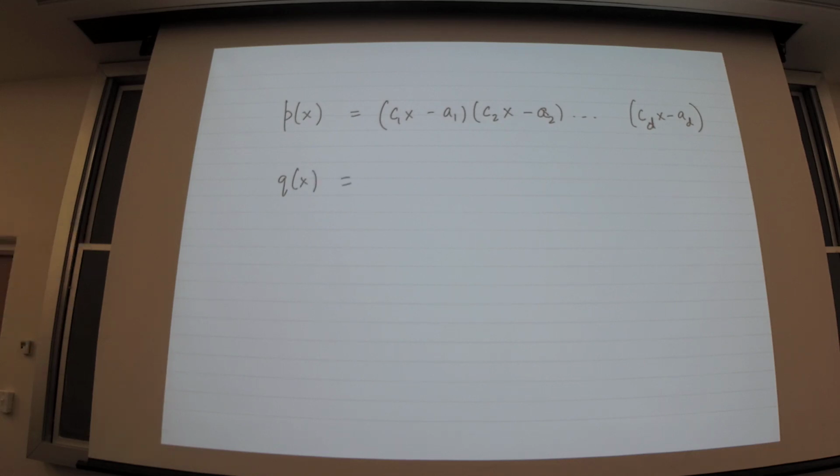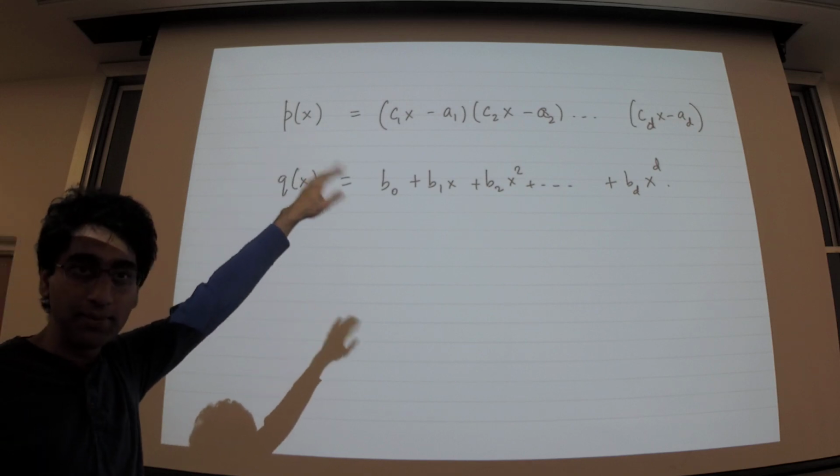Like one is a product and so on. You can have mixtures of these things as well. But here, let's say I have q of x equal to b0 plus b1x plus b2x squared, and so on, and these are some parameters.